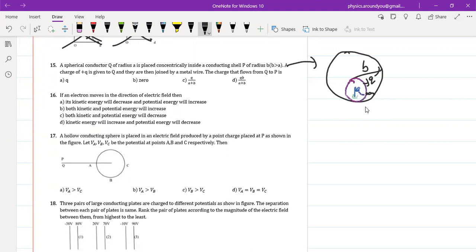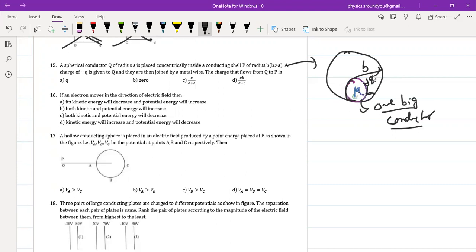So once I do it, both the inner sphere and the outer sphere become one big conductor. It becomes a system of conductors, one big conductor. Earlier, if A is held away from B, then the issue is different. But A and B are in contact with each other. Hence, A and B together form one big conductor. So what would happen?